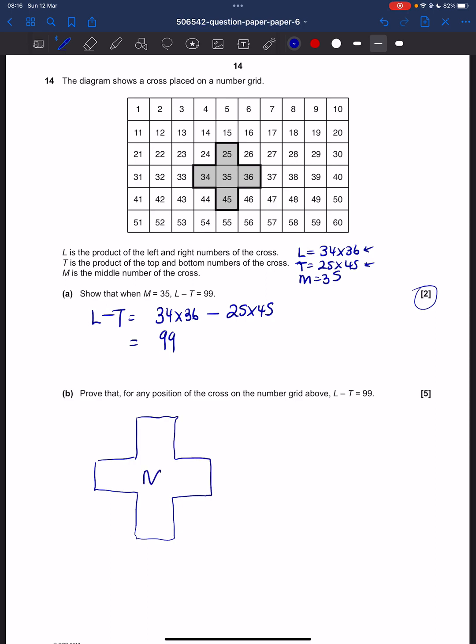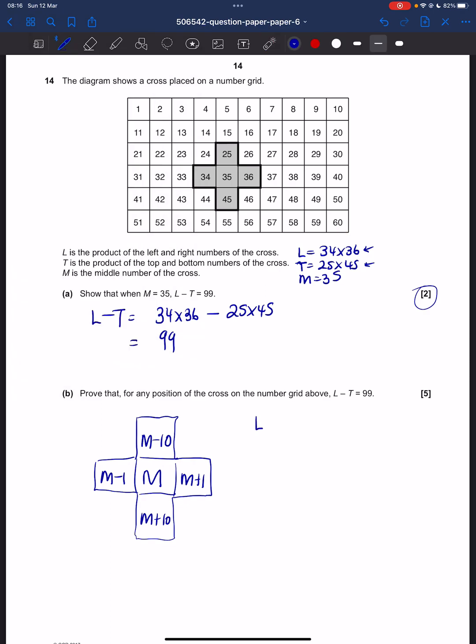We've got a random M. So wherever we are, we're going to label all these points of the cross in terms of M. So this is 10 less than M, this is 10 more than M, this is 1 less than M, and this is 1 more than M. So that is M minus 1, that is M plus 1, that is M minus 10, that's going to be M plus 10. Because it's on the number grid that's set up in 1's going that way and 10's going down there.